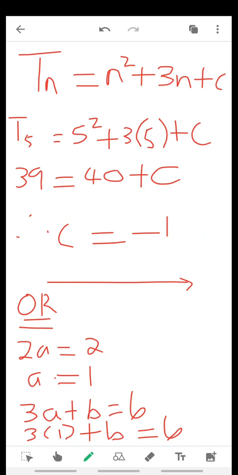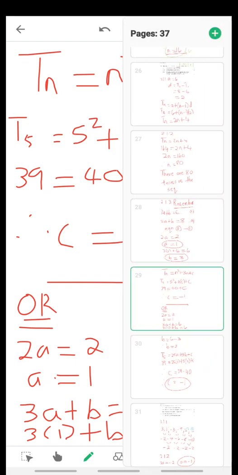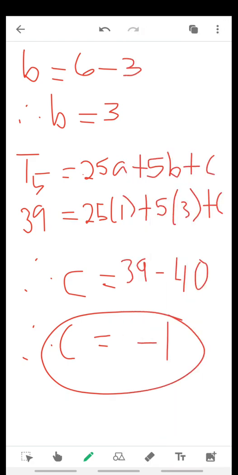But I can also find the answers in this manner. 2a equals 2. Where does the 2 come from? It was there, a common difference for the arithmetic, which now is the second difference for the quadratic. So a is 1, then b is still our 3, and then doing the same thing, T5 equals, where does the 25a plus 5b plus c come from?